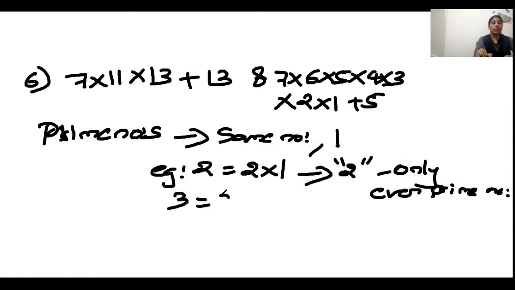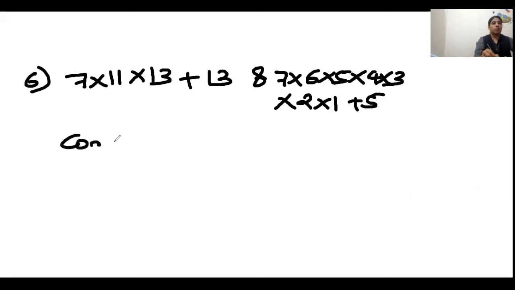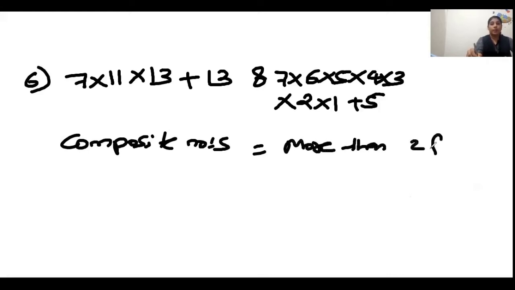Same with 3, which is 3 into 1, and 17, which is 17 into 1; all the others are odd numbers. Everywhere you can see that 1 is the only factor other than the number itself. Composite numbers will have more than 2 factors.